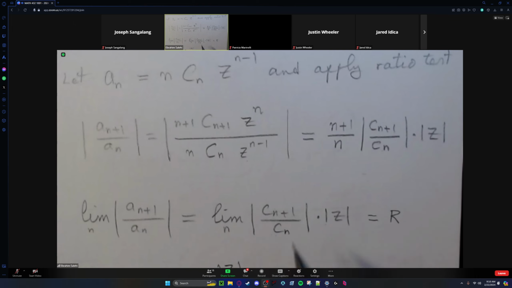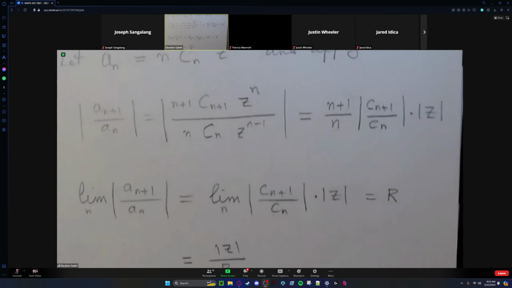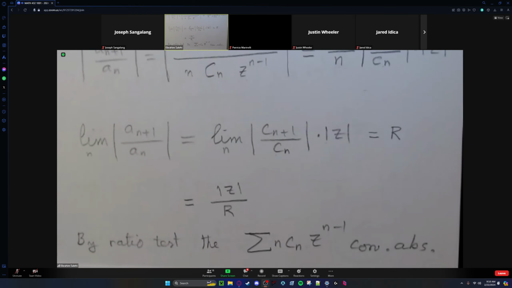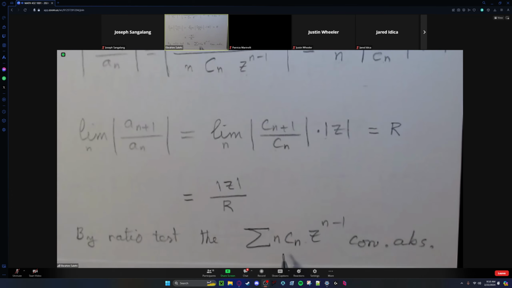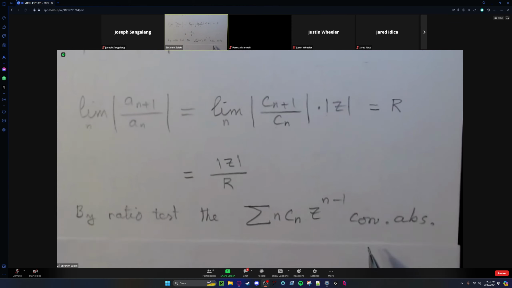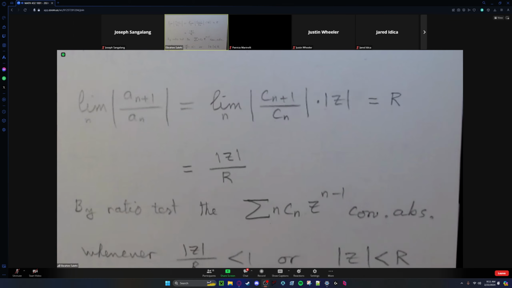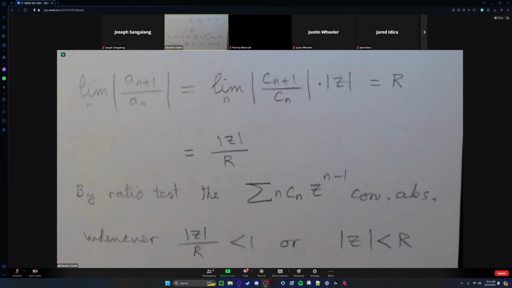As a result, oh, this is the reciprocal of Cn over Cn plus 1. And by the generalized ratio test, this one has the same radius of convergence as the original series, okay?